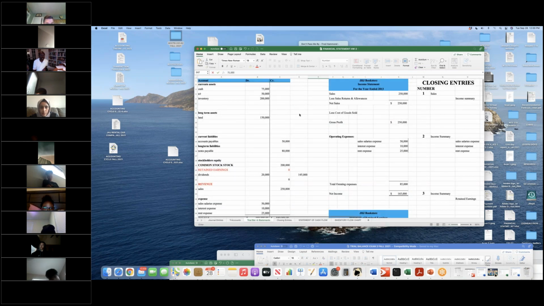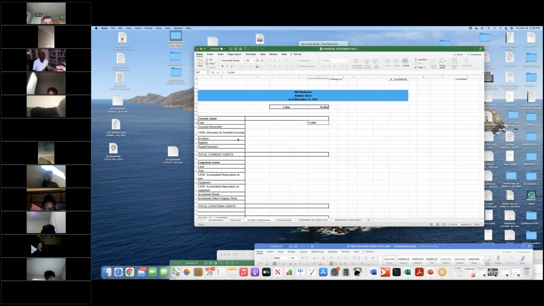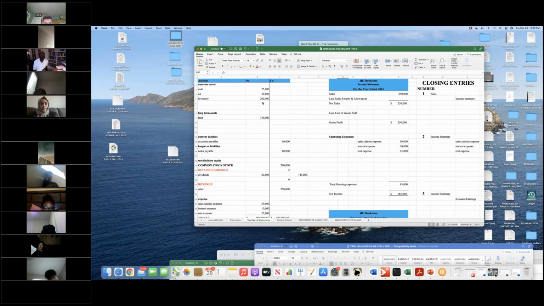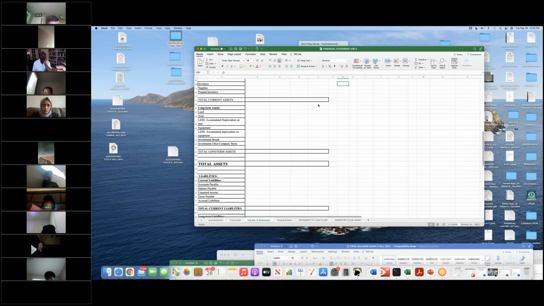Accounts receivable, 50,000. We just bring them down. What's our next asset? Inventory for 200,000.